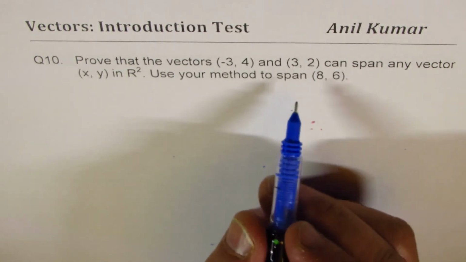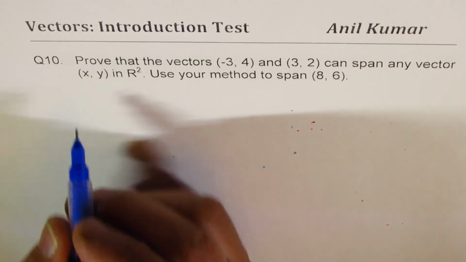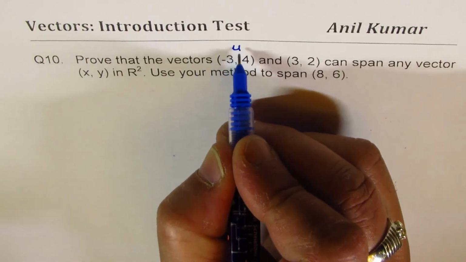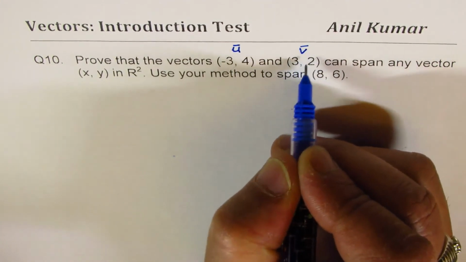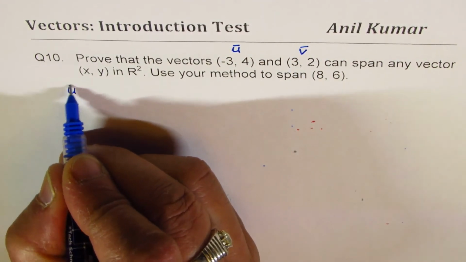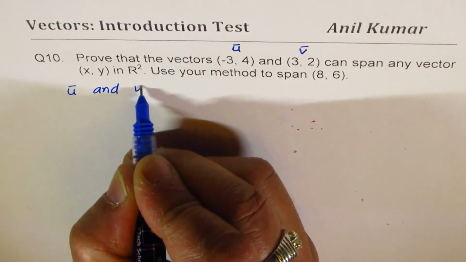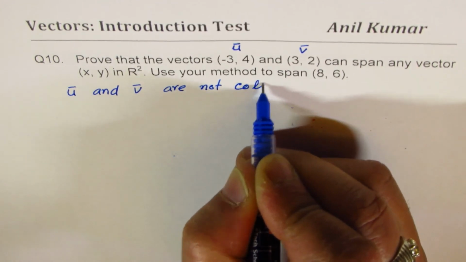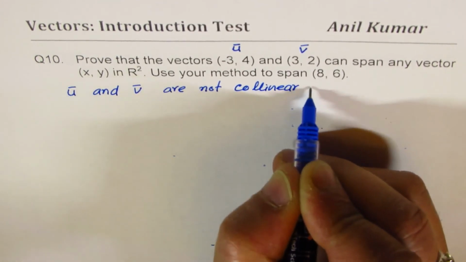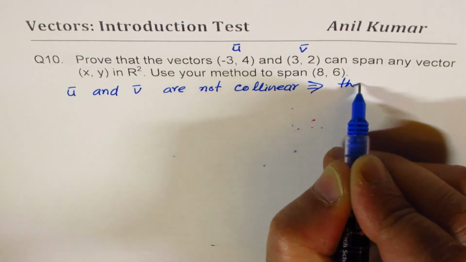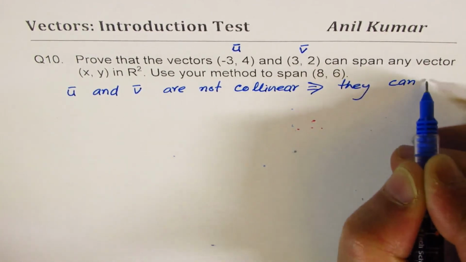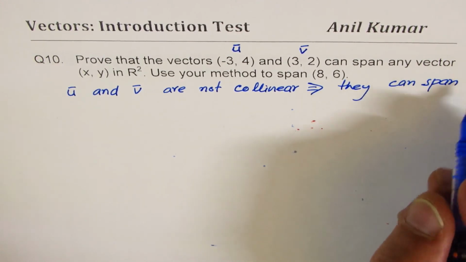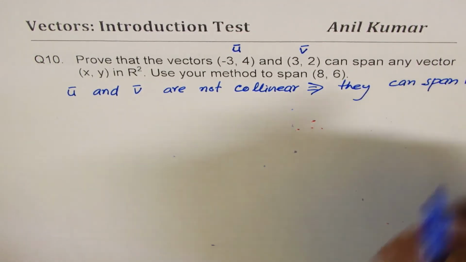Now, as we can see, let's call the vectors given to us u and v. What we say is that vector u and vector v are not collinear. This implies that they can span R2. They can be basis vectors.